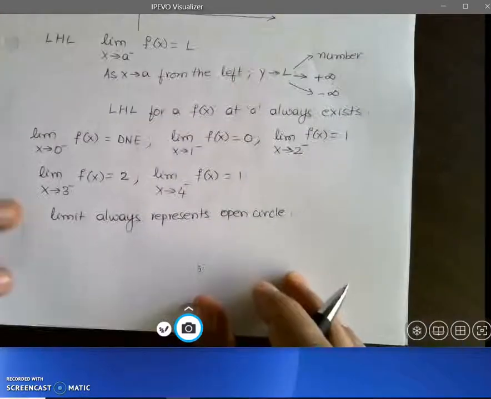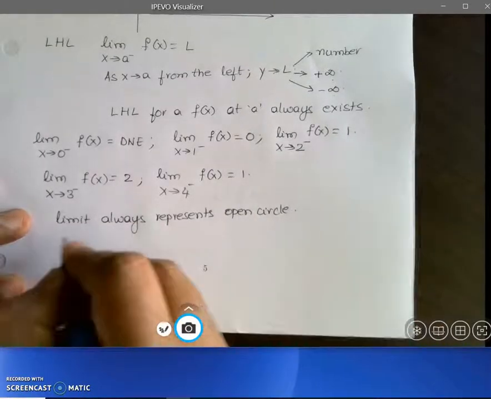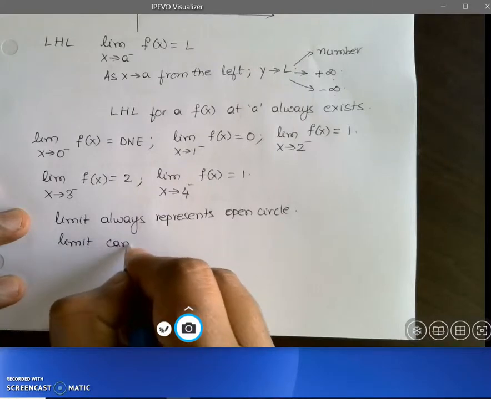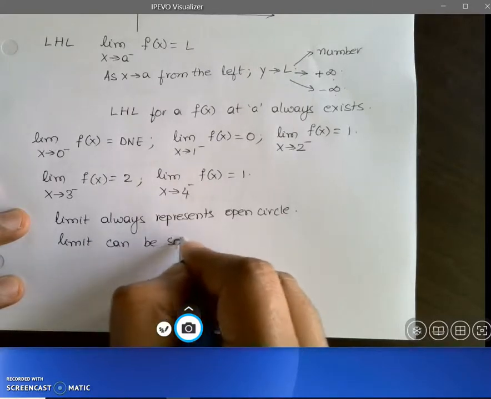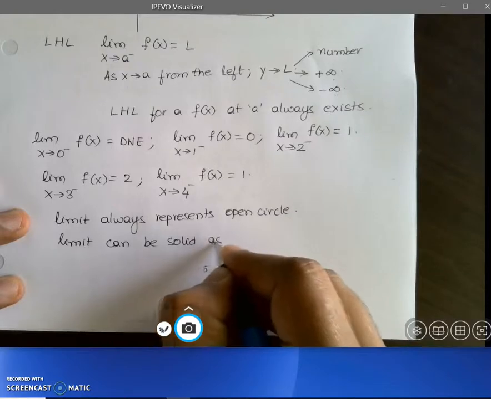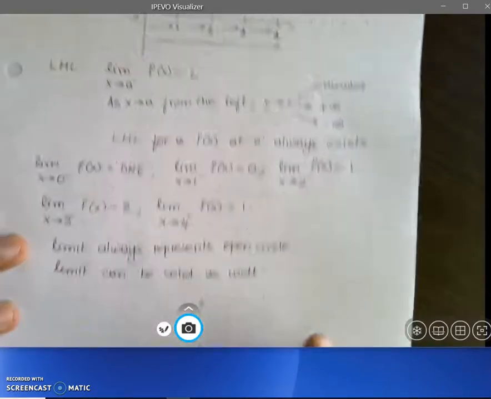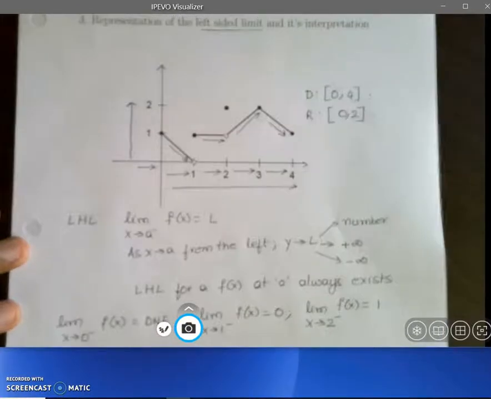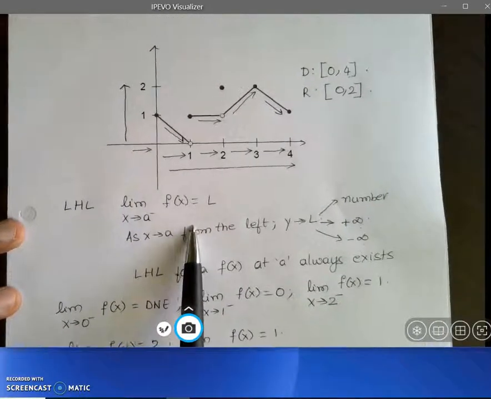But we also consider the solids as well. Limit can be solid as well.